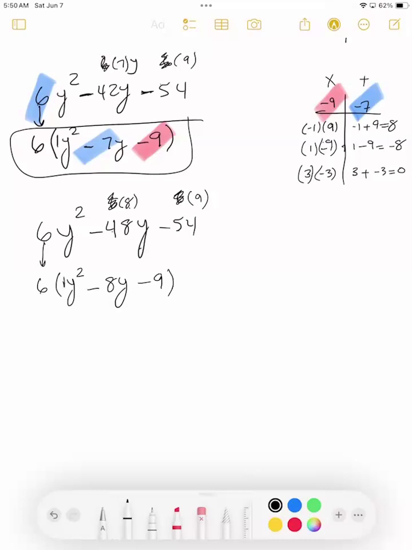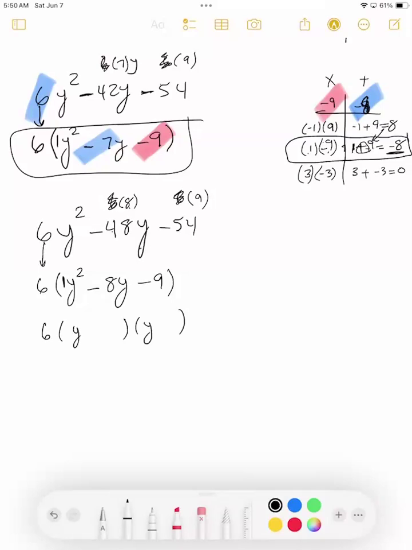Now this has a 1 coefficient. I want to see if I can factor it. I look for two numbers to multiply to get negative 9, and then we add, we get negative 8. Do you see? These are the factors. 1 times negative 9 is negative 9. 1 plus negative 9, if I add these two, you borrowed 9, you returned 1, you still owe 8.